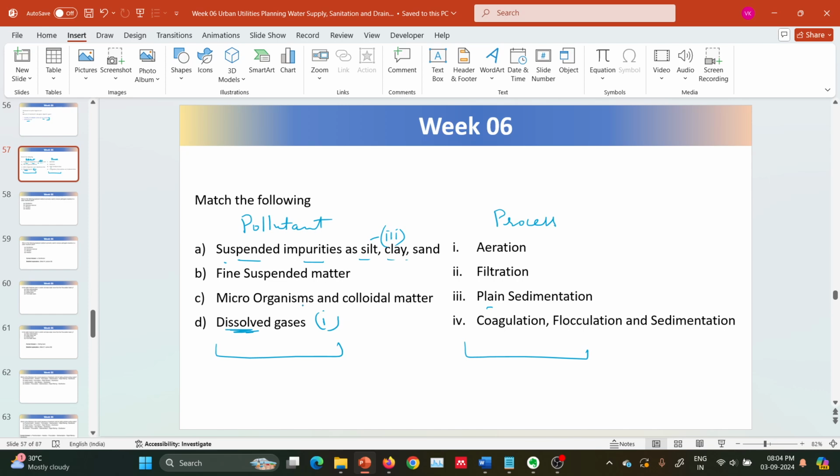And microorganisms and colloidal matter and fine suspended matter. So now two left. One, three left overall. Two and four.